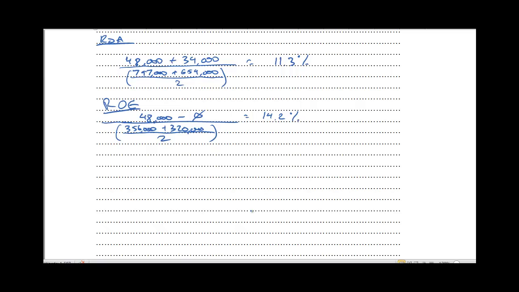The last number that we're going to calculate is the book value per share, and that's the common shareholders' equity, so total shareholders' equity minus preferred equity, if we had some, divided by the number of common shares outstanding. For 2009, we have $320,000 minus no preferred equity, so minus 0, divided by 10,000 shares, and that works out to $32 per share.